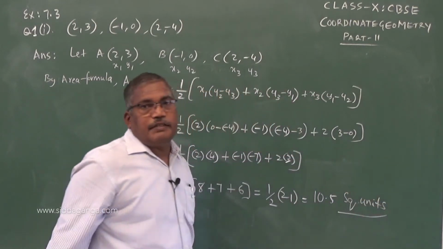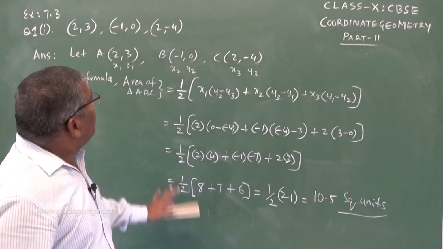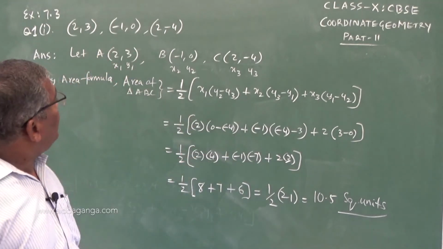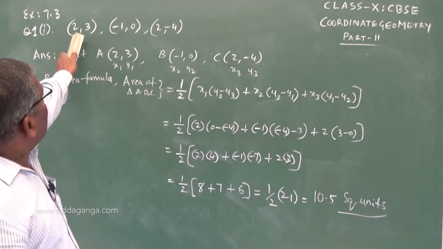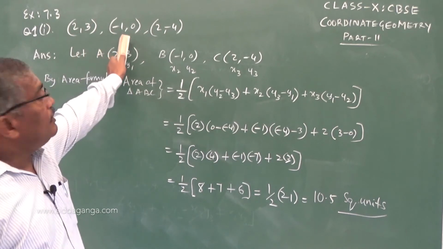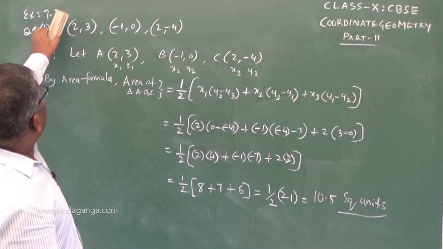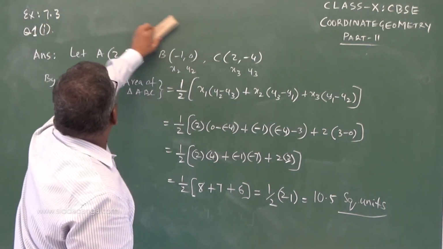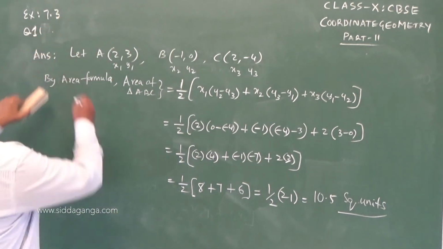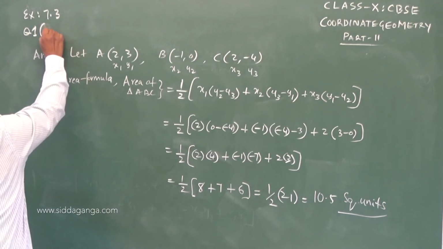You should write: this is the area of the triangle with the coordinates 2, 3, minus 1, 0, 2 and minus 4. Now I will go with sub question 2 under question number 1.